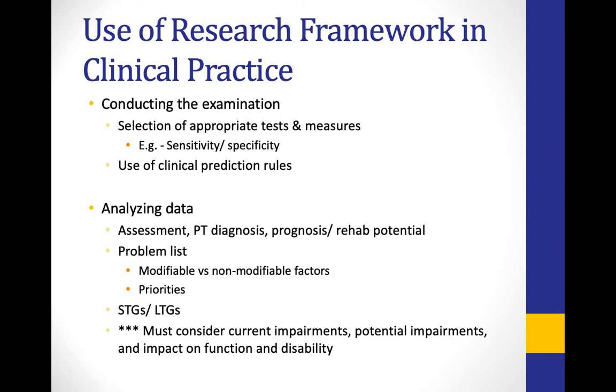The clinician's summary is usually represented by a patient problem list that can be prioritized according to modifiable as well as non-modifiable factors, including those issues that carry the most functional impact. This allows us to establish appropriate short-term and long-term goals and focus our interventions.